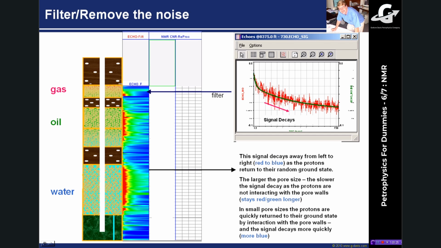In the small pores, where there's not potentially that much porosity in the first place, but what porosity there is rapidly decays away, because obviously the protons are very close to the borehole wall, and so the moment that we let the signal decay, they return to their random non-aligned state very quickly, and the signal decays, and so we get a blue much earlier on in the signal.